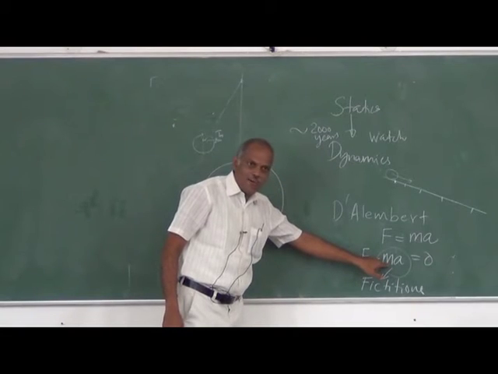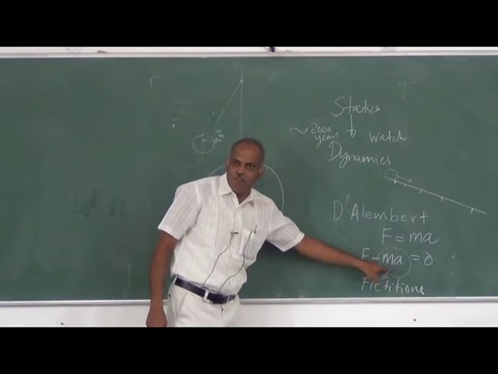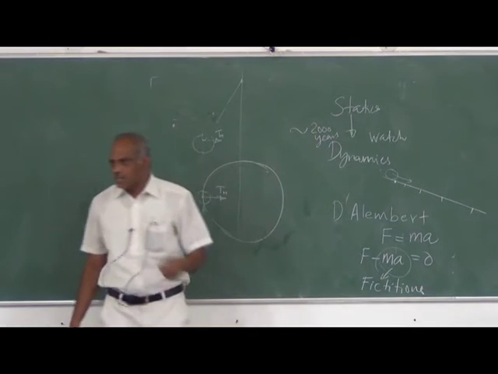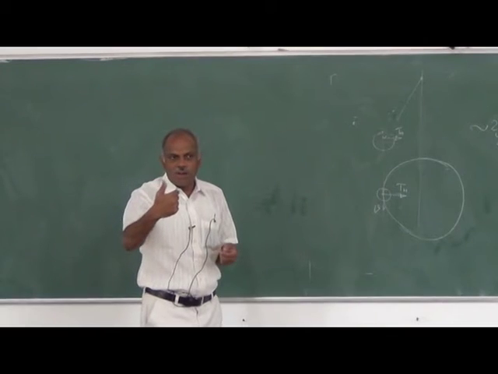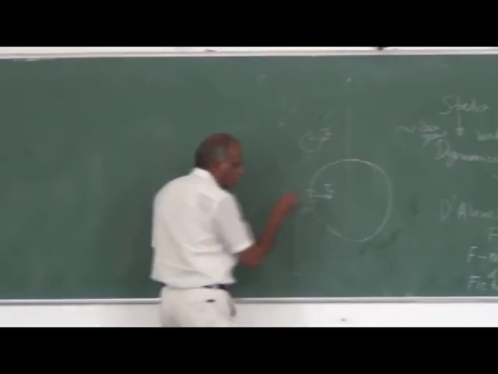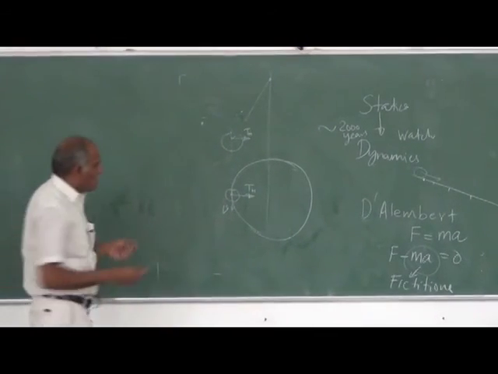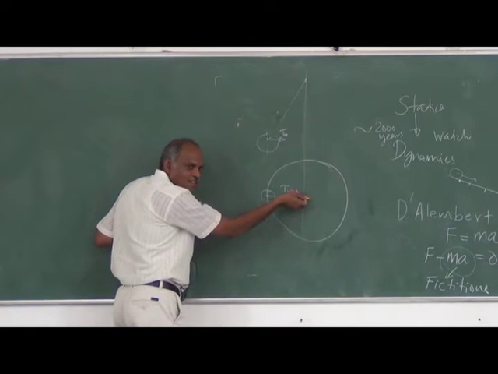That force will have a magnitude of m into a. That means it will have the same magnitude as F, the net resultant force. It will have a direction opposite to the direction of acceleration. So in this case, I have a force like this, which is the action force. The acceleration is towards the center.